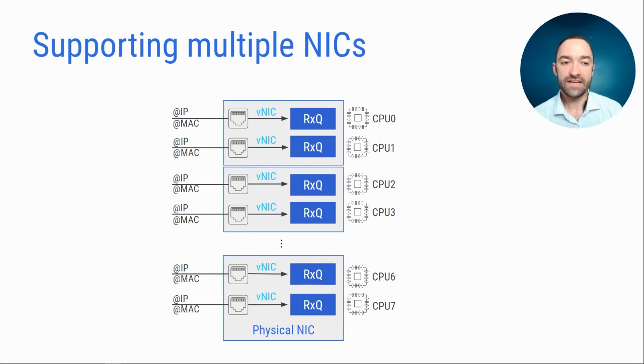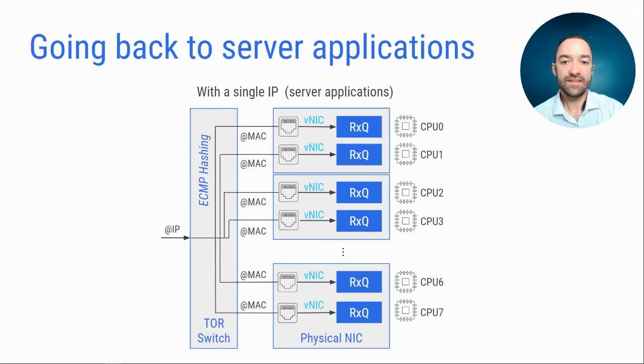If that's not the case for the application that you have, and you need to go back to a model where you have a single IP address to contact your server, then you can have the following scheme. We leverage IP routing in the top of rack switch. In the example I display here, the server can be contacted using a single IP address.